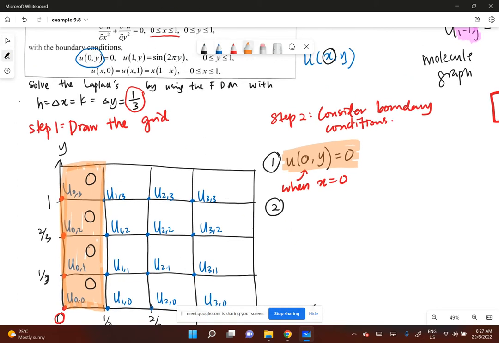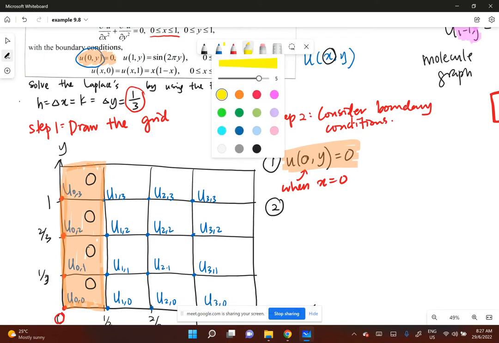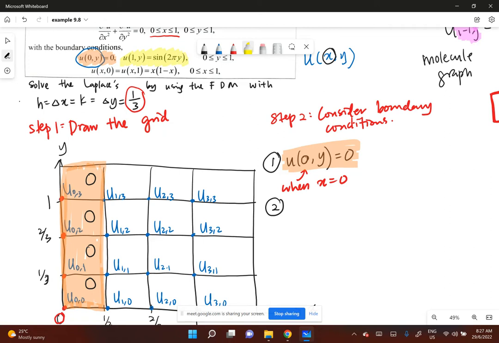And then the second condition. When x is 1, u is equal to sine 2 pi y: u(1, y) equals sine 2 pi y. That means when x is 1, for any value of y.